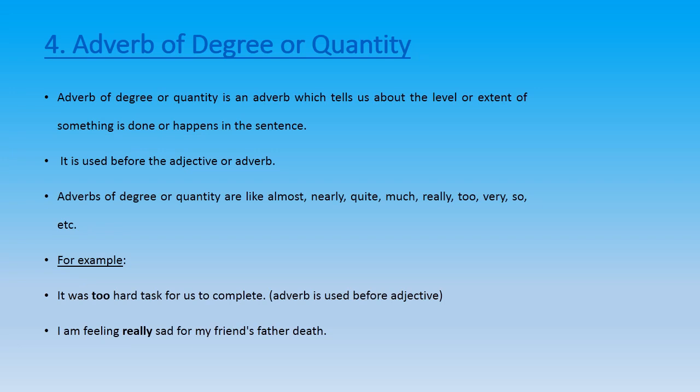So these examples are showing some sort of quantity or degree. For example, it was too hard a task for us to complete. Here too is an adverb of degree. I am feeling really sad for my friend's father's death. So really is also used as an adverb of degree.